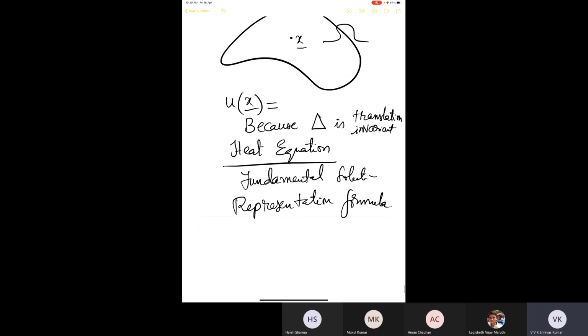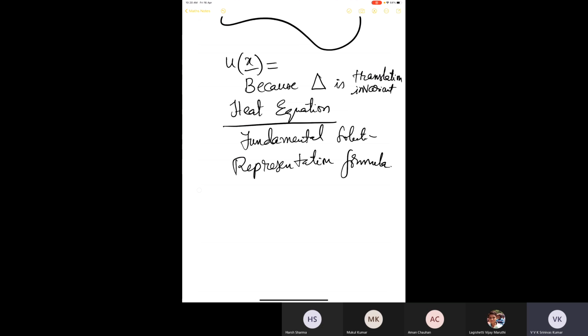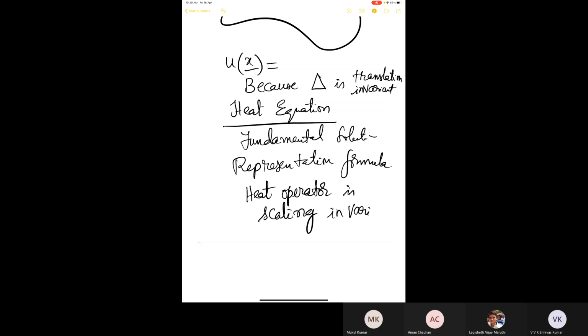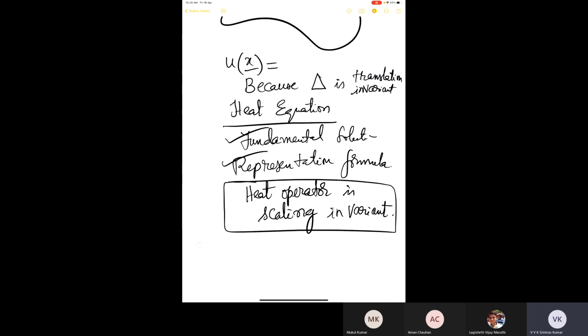Okay, and here in the heat equation, the heat operator is scaling invariant. The base for the entire development of the fundamental solution and representation formula is scaling invariance.